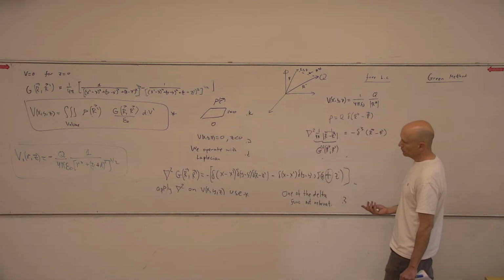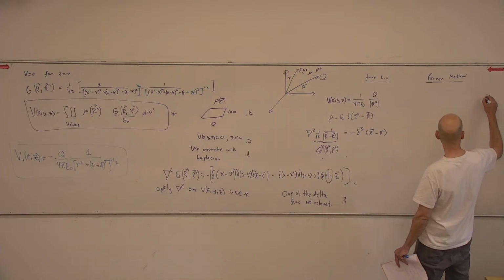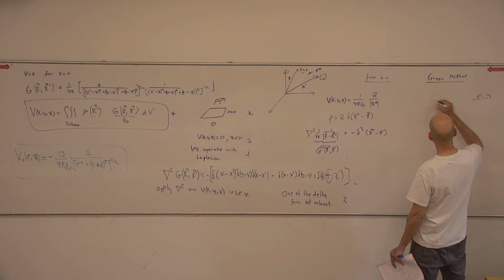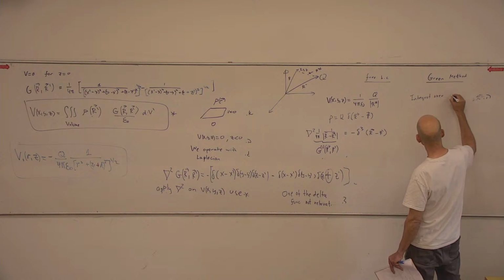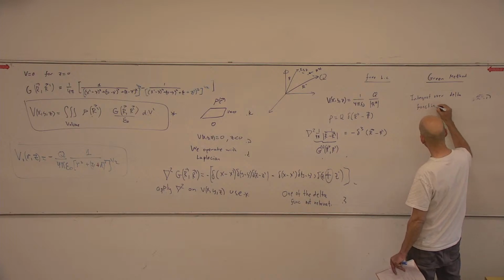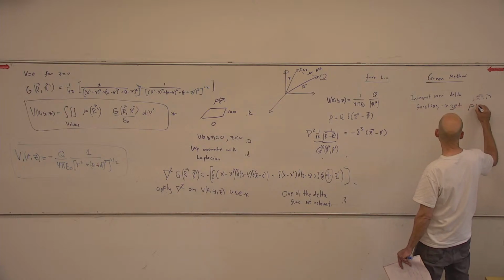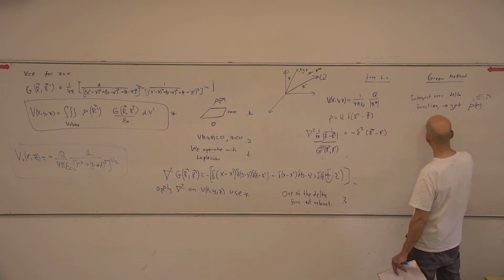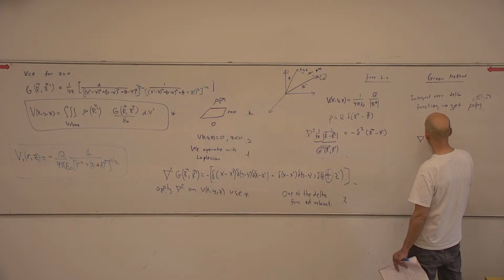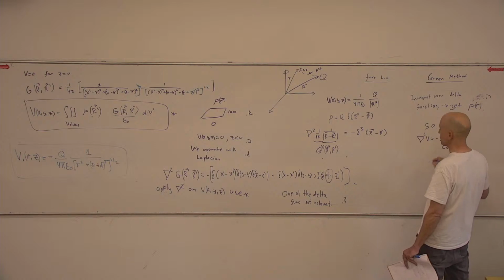So there's only one delta function. Then the last point, integrate over the delta function. You get rho of r, and there's an epsilon 0, so the Laplacian of V is equal to rho divided by epsilon 0.